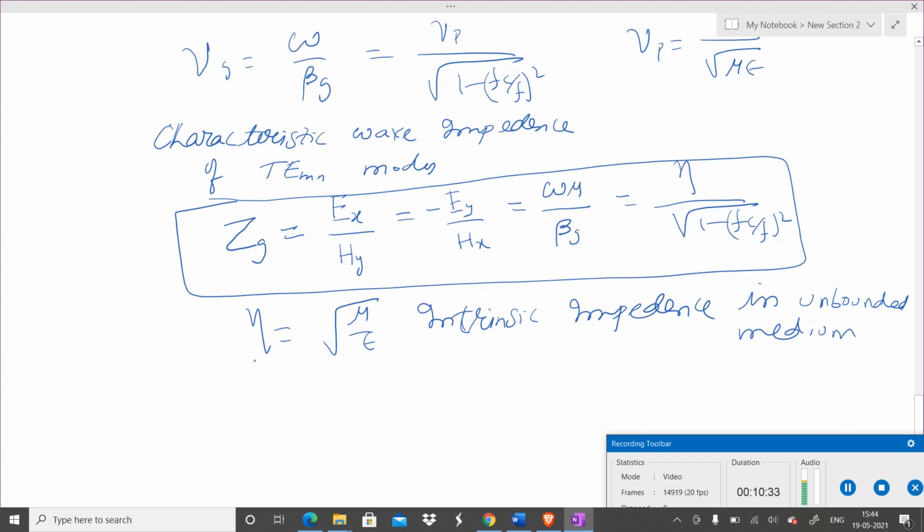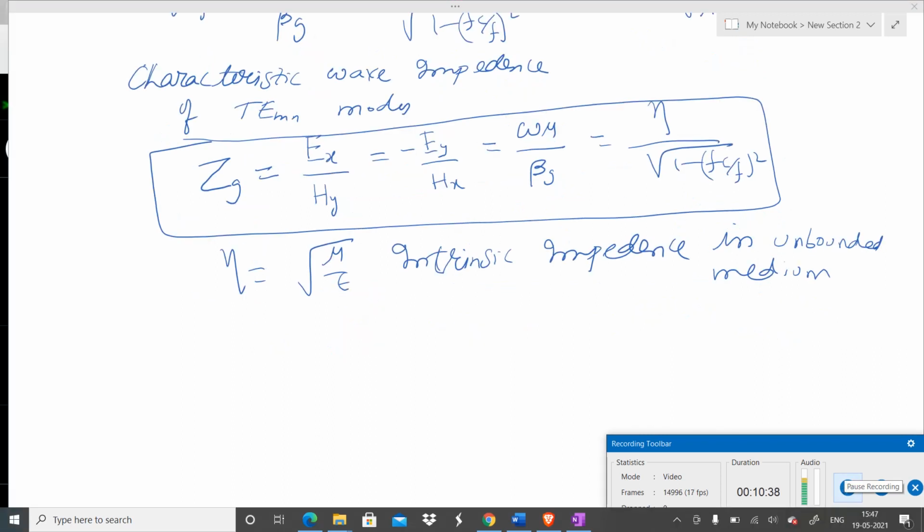So you can use the relationship that wavelength is defined to be the velocity by frequency. If we see the wavelength in the waveguide, let's call it lambda g, that will be equal to the phase velocity in the waveguide vg divided by the frequency.